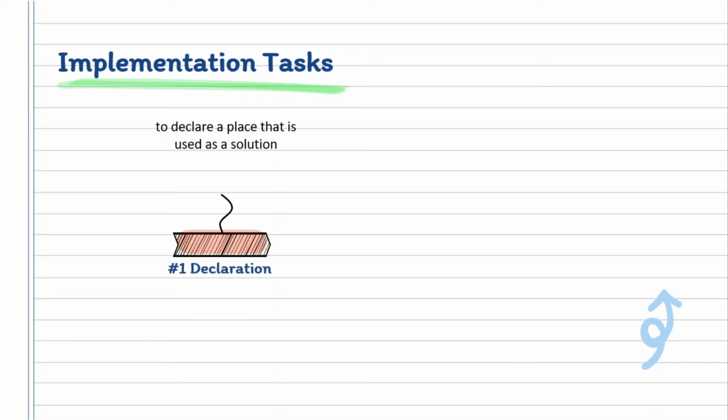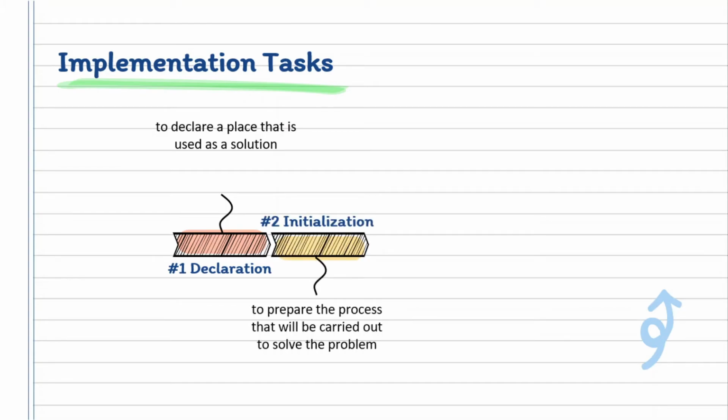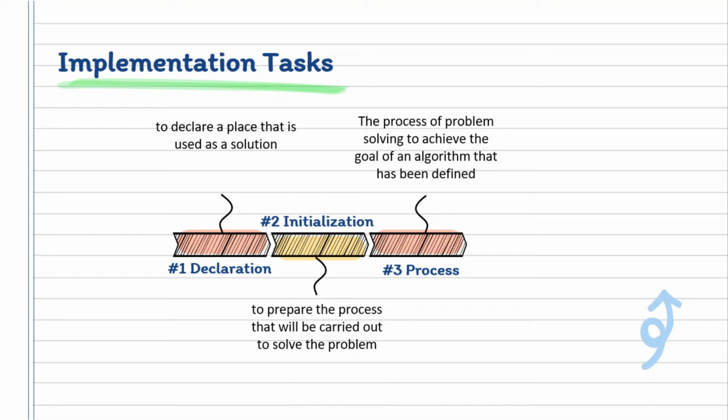There are four tasks of implementation. First is declaration. This is the step to declare a place that is used as a solution. And the second is initialization, a step to prepare the process that will be carried out to solve the problem. The third step is process.